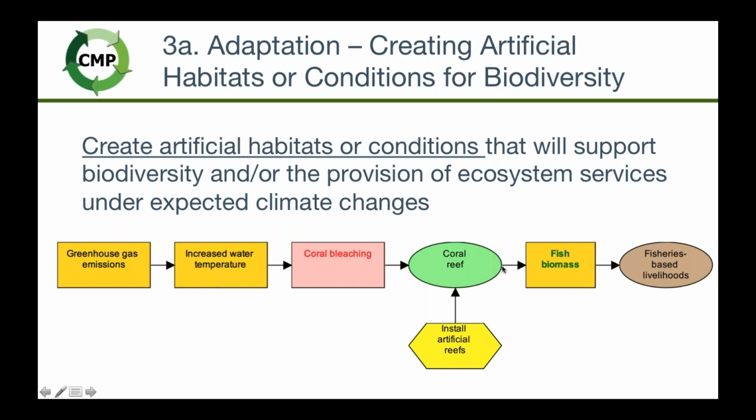So if you are working to conserve coral reefs, both because of their biodiversity value as well as the fact that they produce a lot of fish that are important for fisheries-based livelihoods in coastal communities, and those coral reefs are increasingly affected by coral bleaching due in part to climate change, then installing artificial reefs could be an example of what we're calling a purely adaptation strategy.